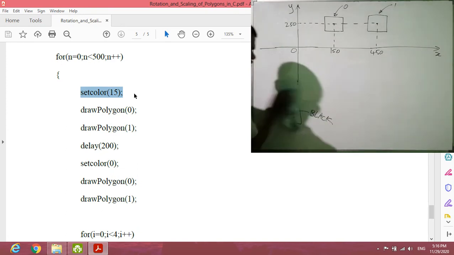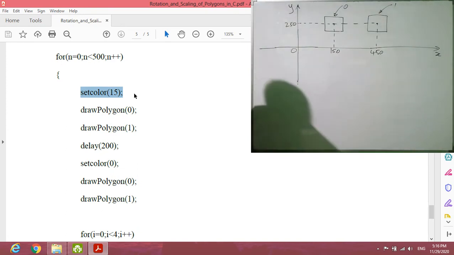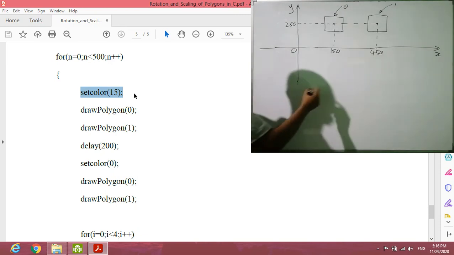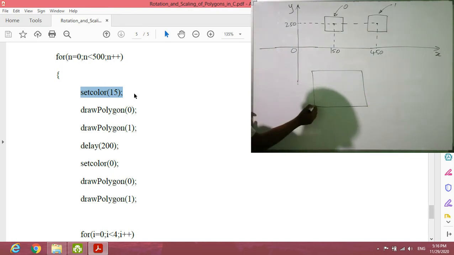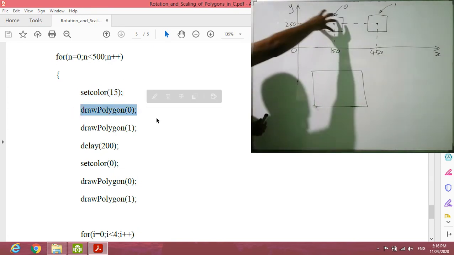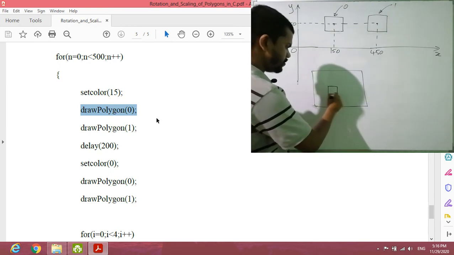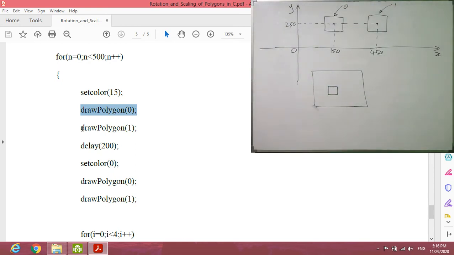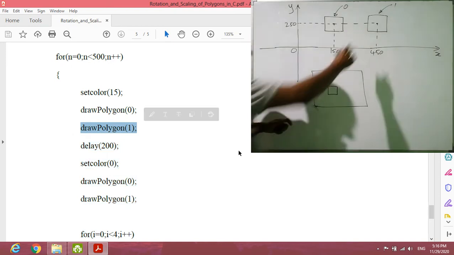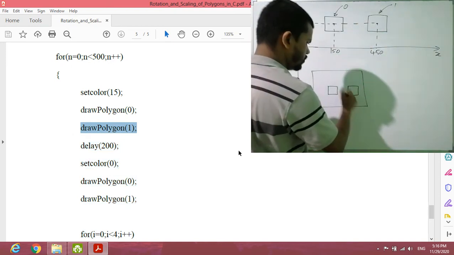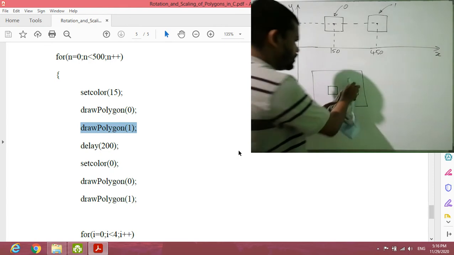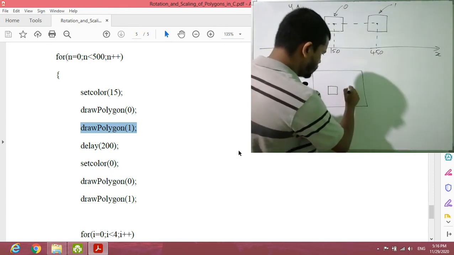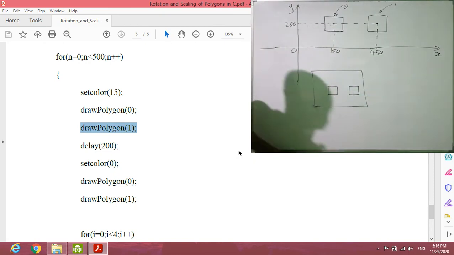So let's say this is our graphics screen, then we invoke draw polygon 0, which means this one will be drawn somewhere here. And if we invoke 1, this one will be drawn somewhere here, okay. They are not in the scale, but don't worry, I will try to get roughly the same size.